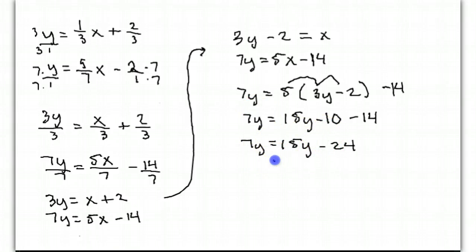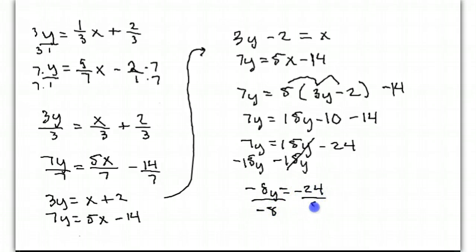So you can subtract 7y or 15y from both sides. And so when you do that, you're going to get negative 8y equal negative 24. And to get y by itself, you divide by negative 8. And you end up with y is equal to positive 3.